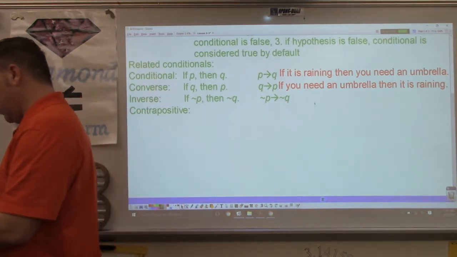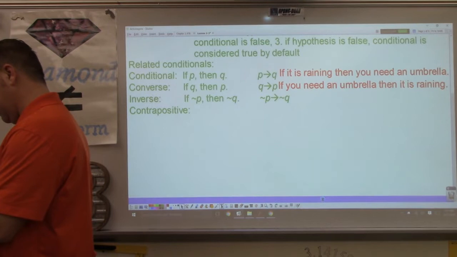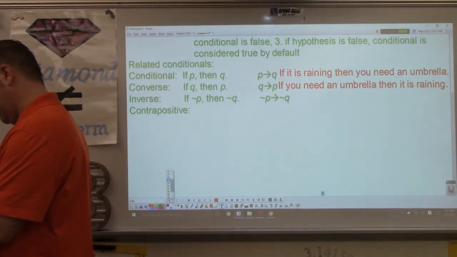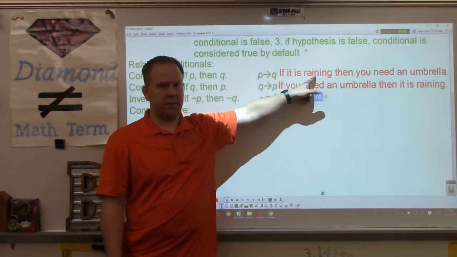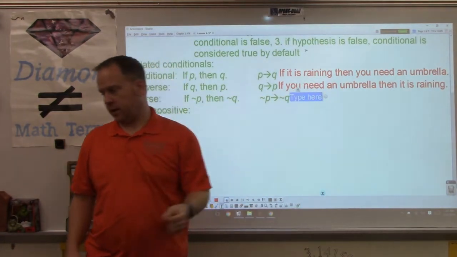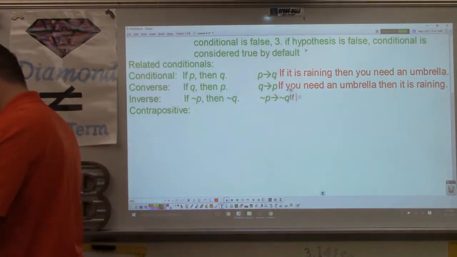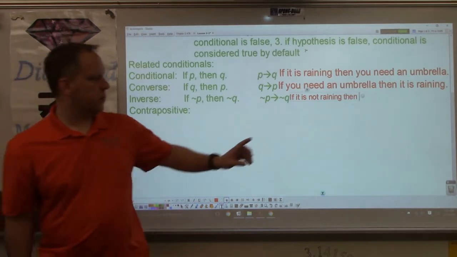So if I look at my original sentence, again, it goes back to the original. The opposite of it is raining is it is not raining. So if it is not raining, then do the opposite of this.